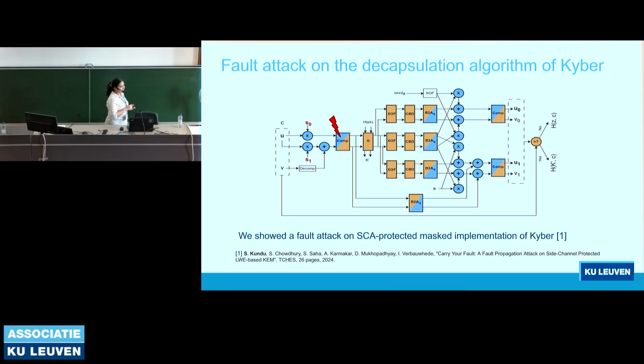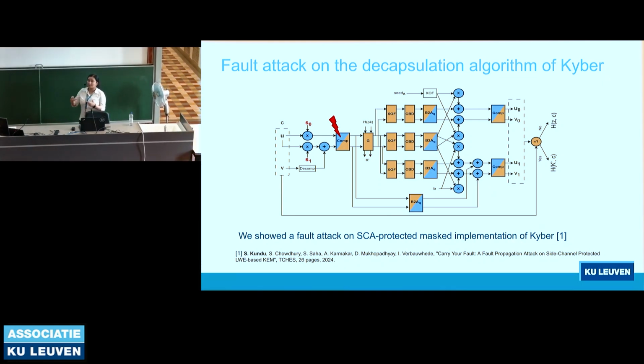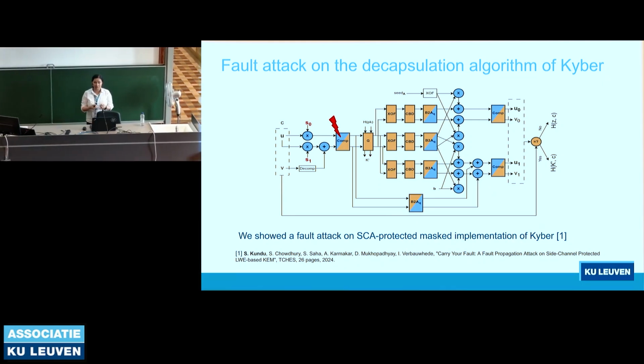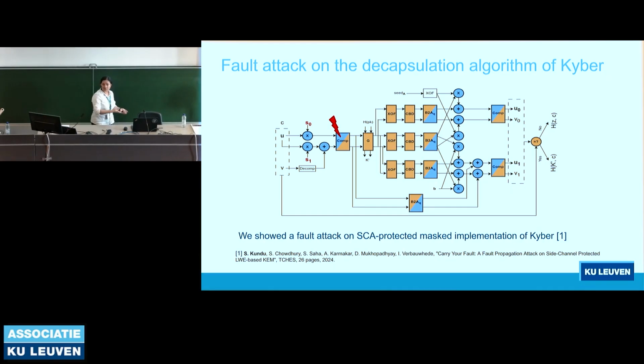And we observed that one of the masking components that was introduced due to masking introduced a fault attack vulnerability in this secure implementation. But that doesn't exist in the insecure one. So masking is not a foolproof countermeasure in that way. And we do need to consider all different types of physical attacks to provide protection against them. So that was the conclusion of this work.